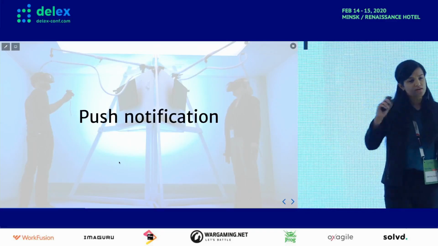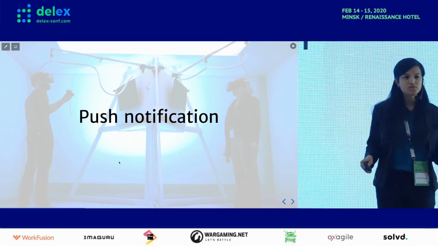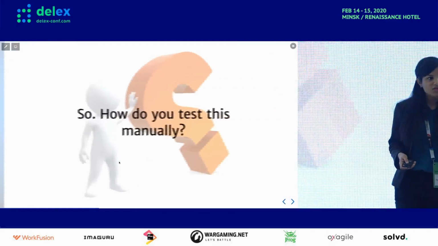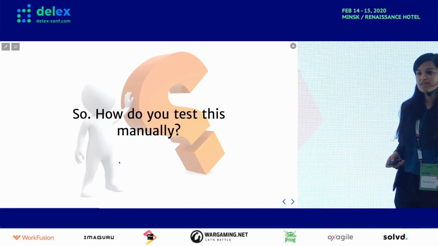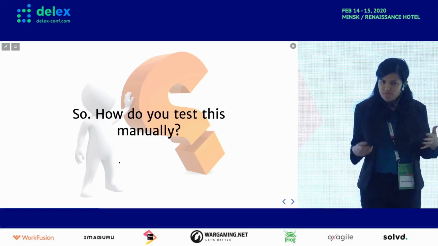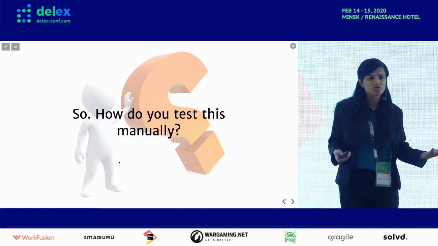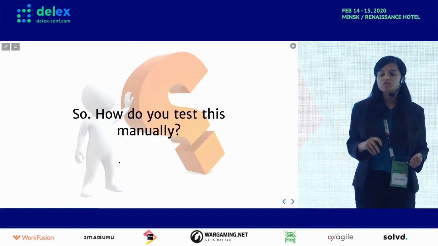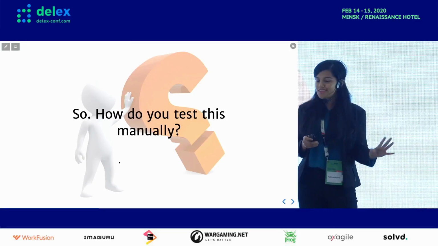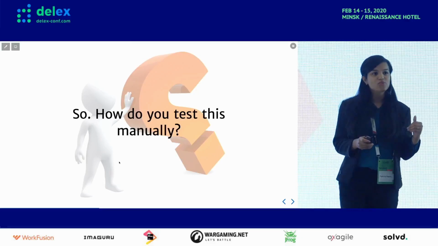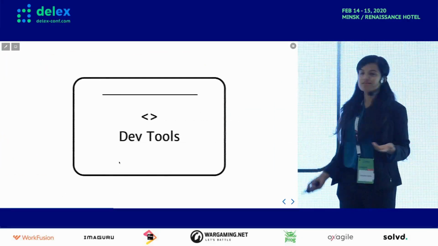So before we talk about automation, the first thing that we would have to answer is, how would you even test it manually, right? Because all of these things we tend to manually verify at least once, and then you'd want to automate it. So I'm certain that whoever has done any automation here would have used DevTools, right?